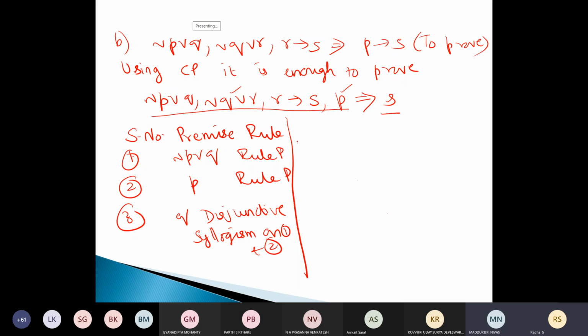Then fourth one, I'll use not Q or R. I'll introduce that. Rule P. Then you can use third and fourth. So that will give you R.